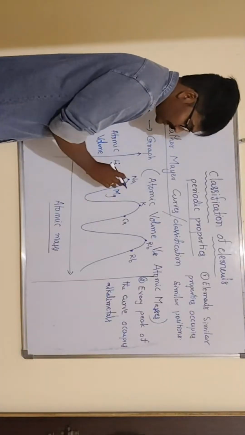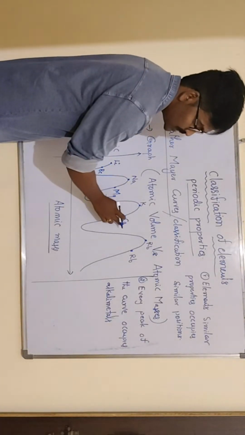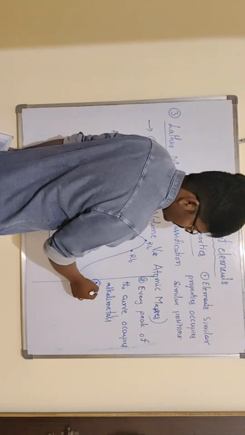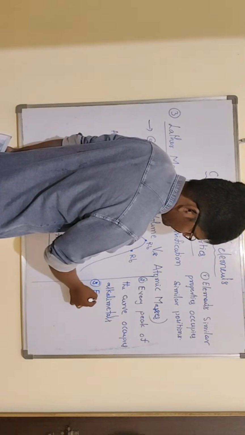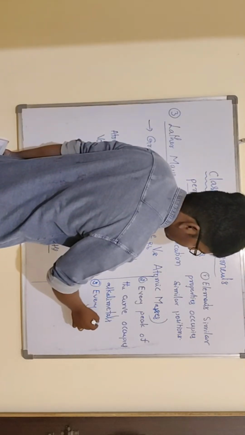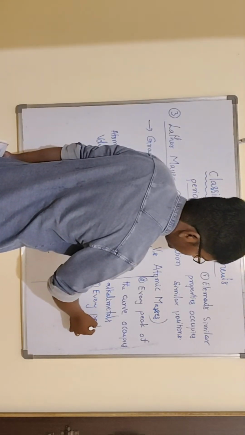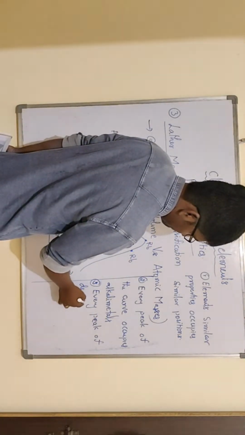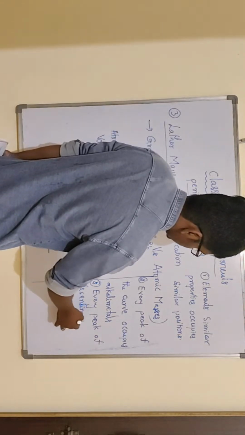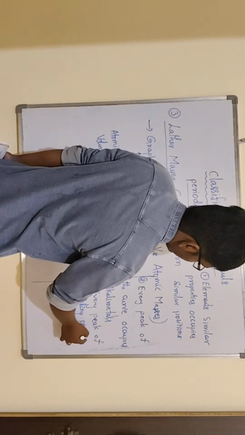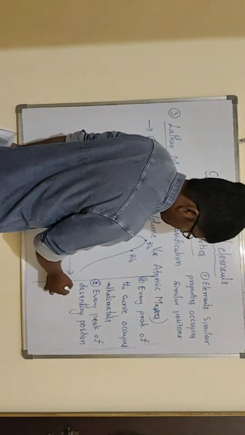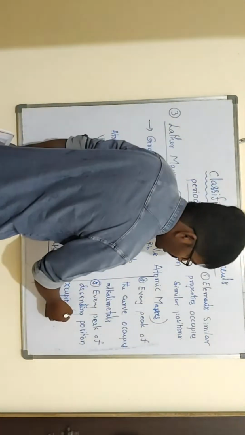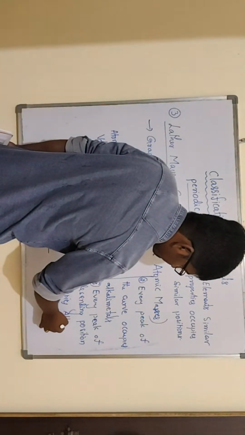Every descending position is occupied by alkaline earth metals.